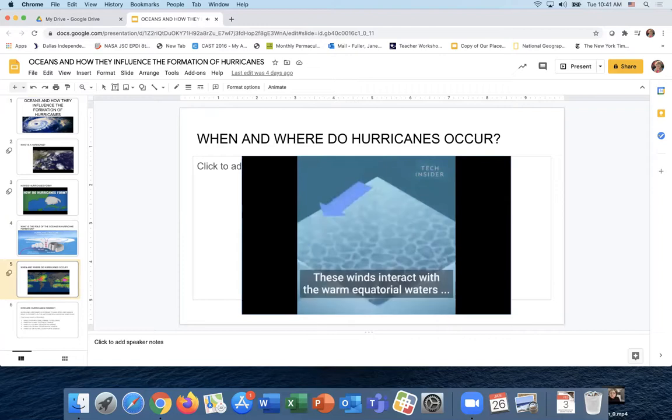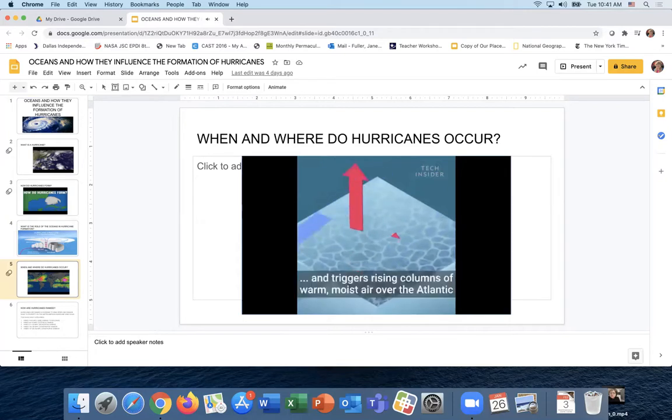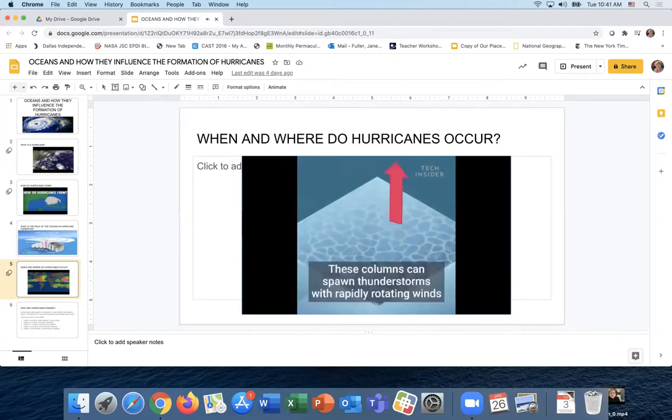And that's about how warm the ocean is in September. So there goes our warm, moist air. It's feeding the hurricane. And here comes the storms.